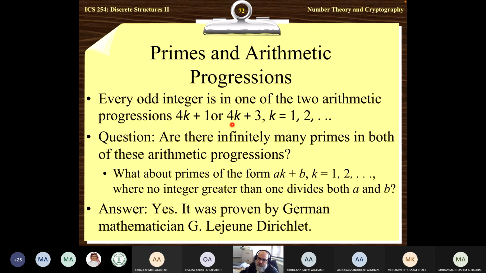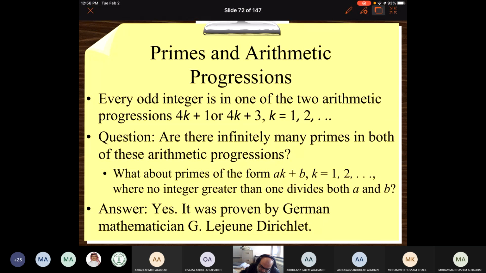Right. Before I continue, how many arithmetic progressions do I have of the form 4k plus b? Let's assume k is greater than or equal to 1, an integer.